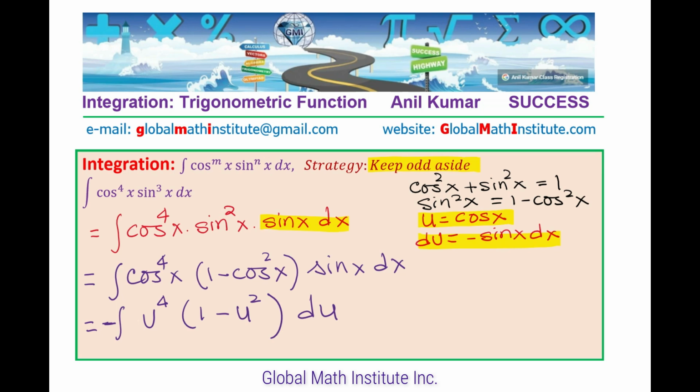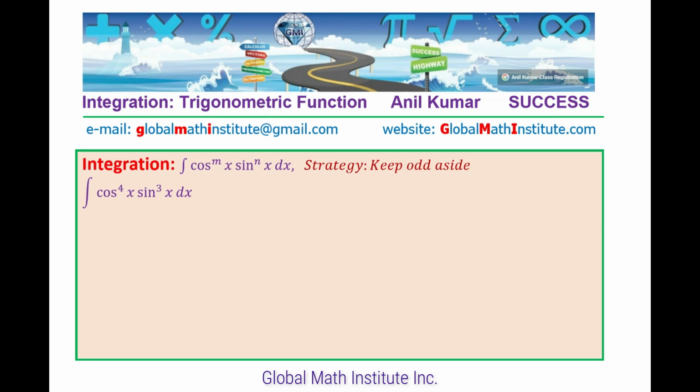So what did we do here? Basically, we wrote this integral as cos to the power of 4x times 1 minus cos square x, which is for sine square x, and sine x dx. And we made the substitution u equals cos x.